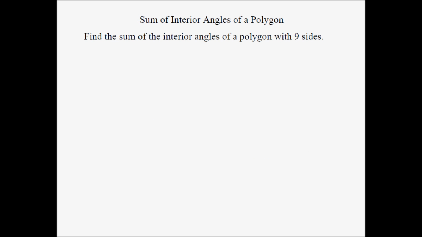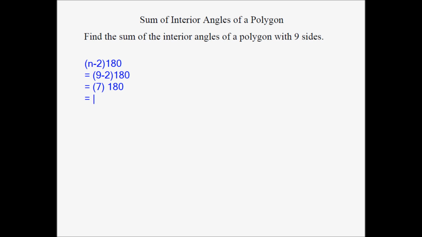So let's take a look at an example. How do we find the sum of the interior angles of a polygon with 9 sides? Remember, the formula that we just proved says the sum of the interior angles of a polygon with n sides is 180 times n minus 2. And since n in this problem is 9, we can do this. 9 minus 2 is 7, times 180 degrees.